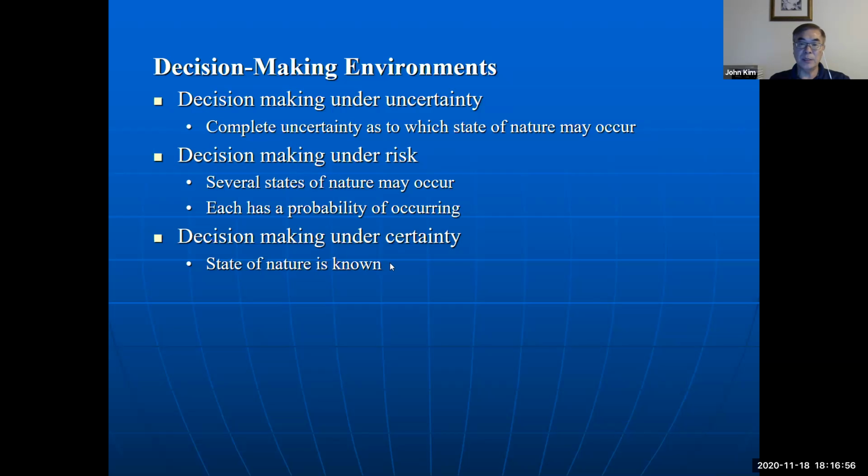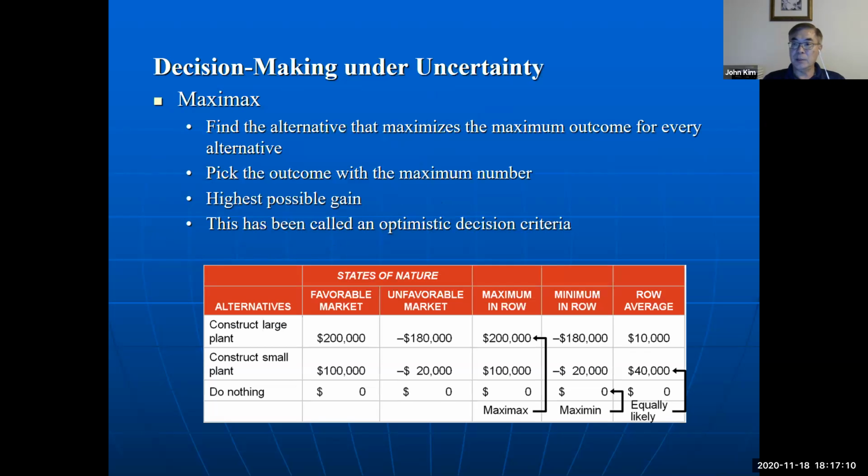And under certainty, we know the information; it is certain information. So based on certain information, we can decide. And then the decision-making methods under uncertainty.